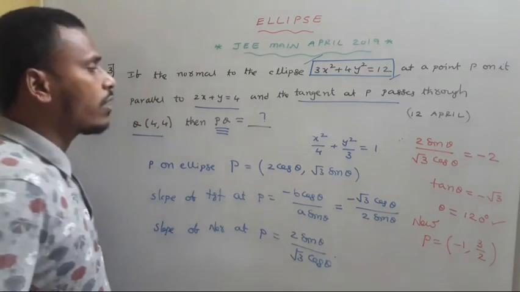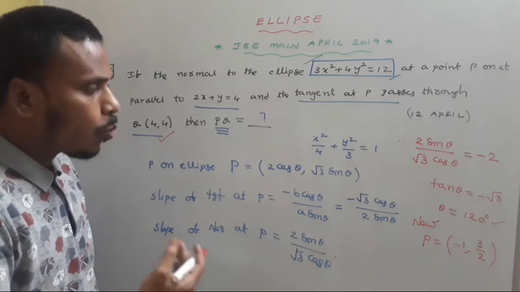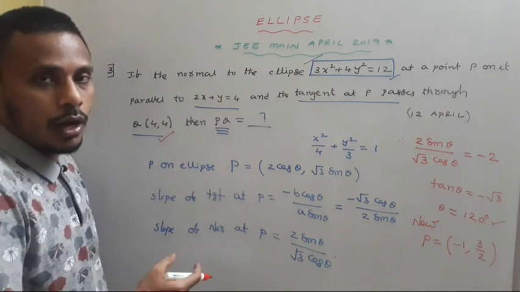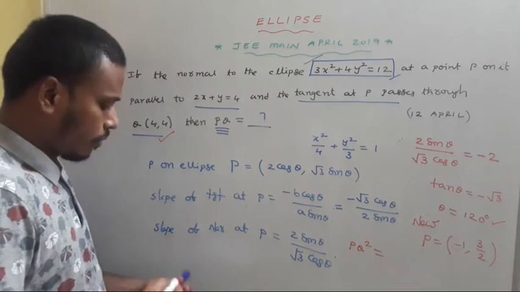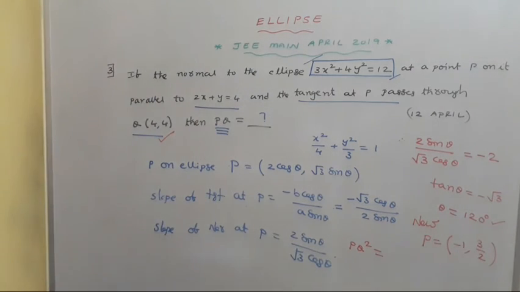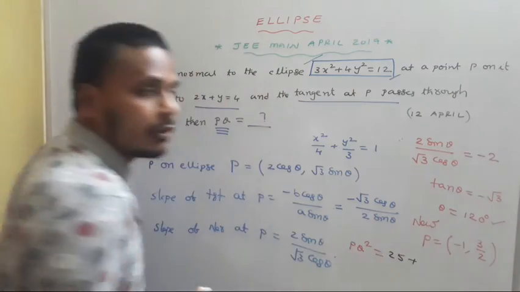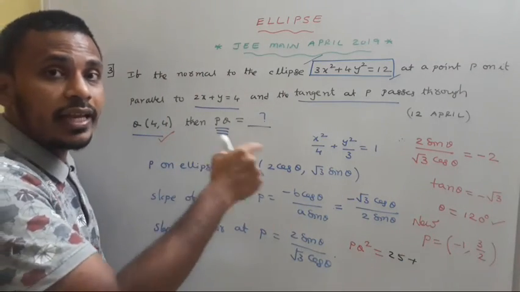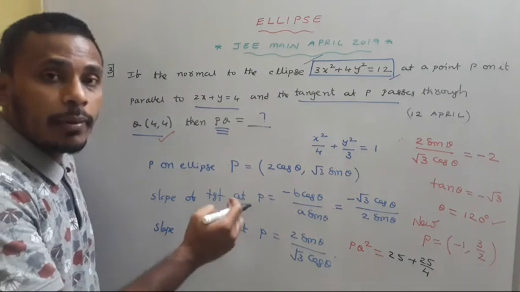We have P as minus 1 comma 3 by 2, Q as 4 comma 4. We need to calculate the distance between these two. So what is the distance between P and Q now? Just calculate it. PQ square is equal to 4 minus of minus 1, which is 5 square, 25, plus 4 minus 3 by 2. 4 twos are 8, 8 minus 3 is 5, so 5 by 2 square, which is 25 by 4. 25 plus 25 by 4.